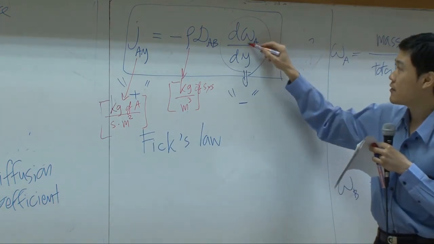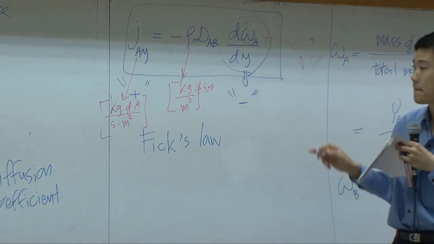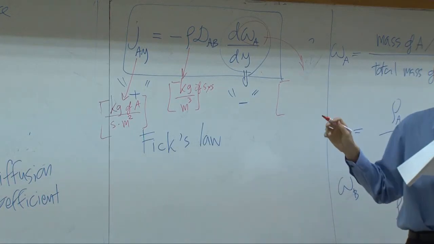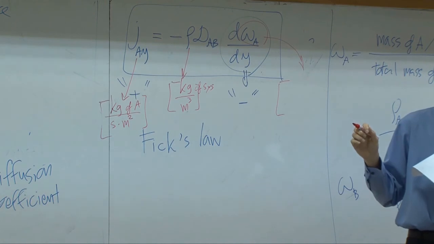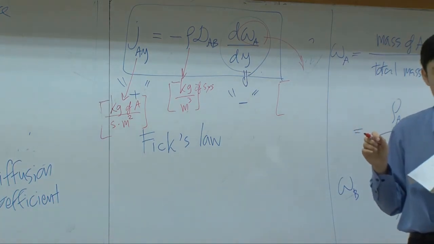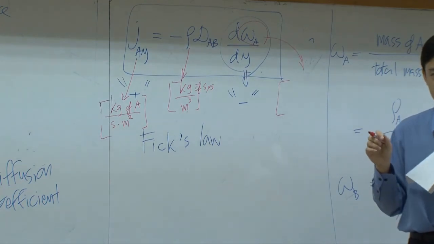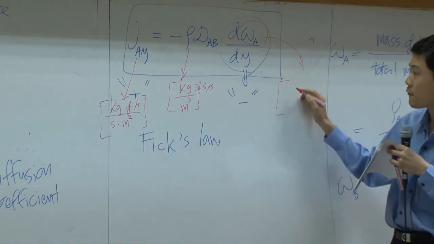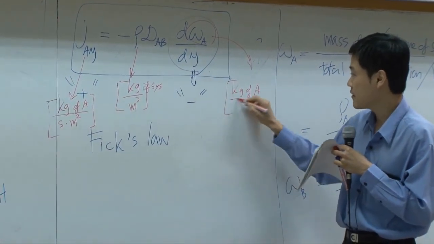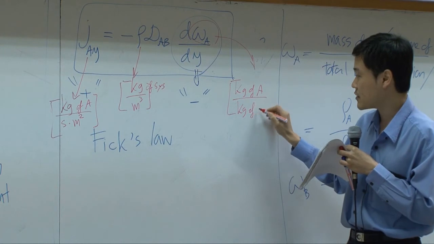What about the unit of omega? Omega is supposed to have no unit. You have learned that mass fraction has no unit. But in fact, there is a unit: the unit of the mass fraction is kilogram of A divided by kilogram of the system.